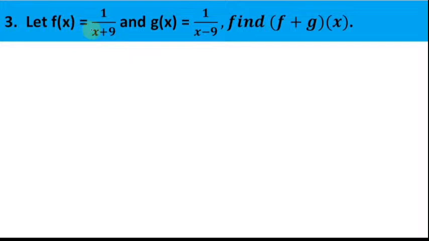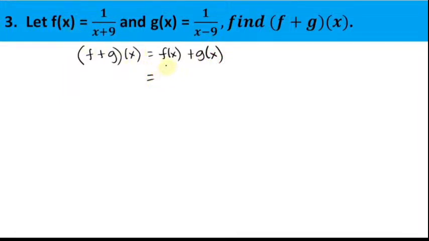Next, example number 3, we have: let f of x equals 1 over x plus 9 and g of x equals 1 over x minus 9. So find the sum. So formula, again, f plus g times x equals f of x plus g of x. Substitute natin.